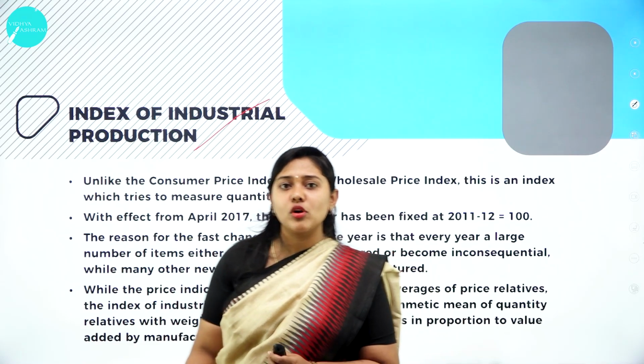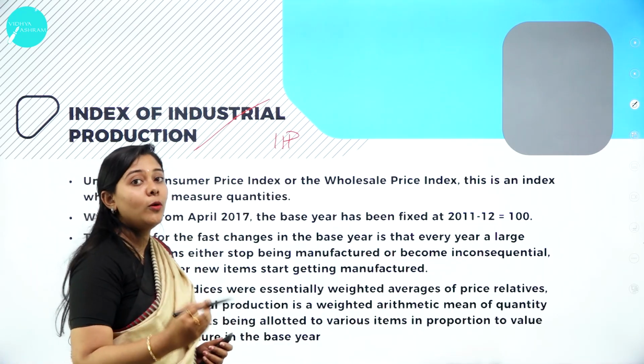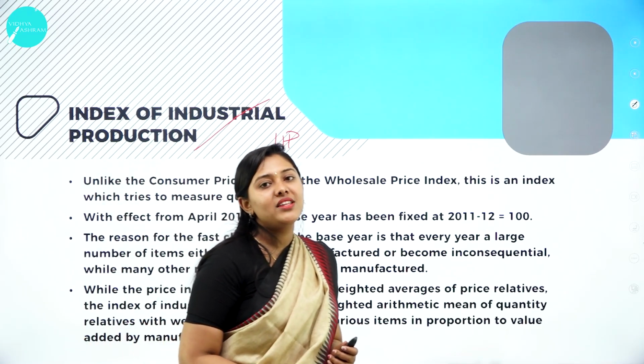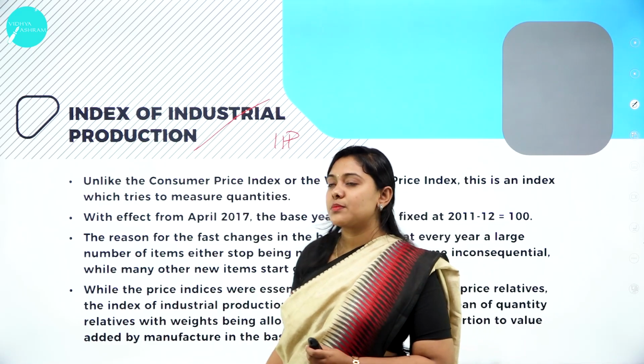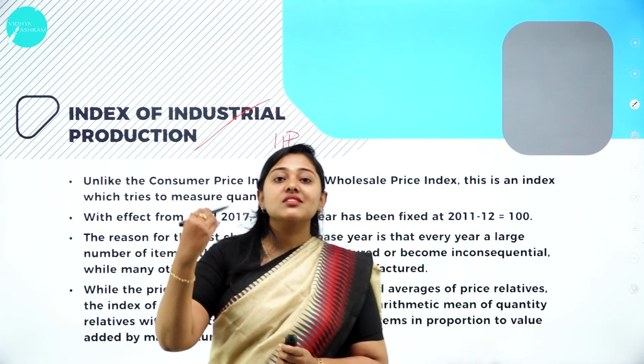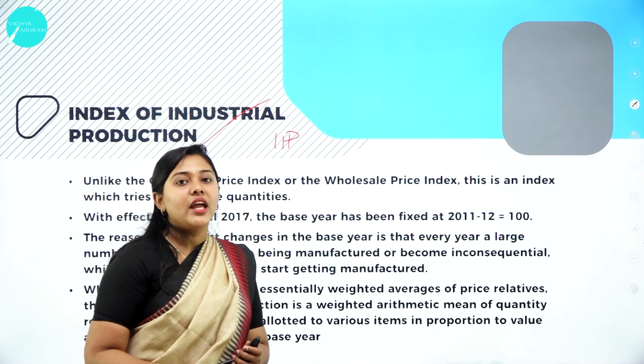So index of industrial production. What is this index of industrial production? It measures the performances of various industries in the economy. What does this index measure? It measures the performance of the industrial sector in India.